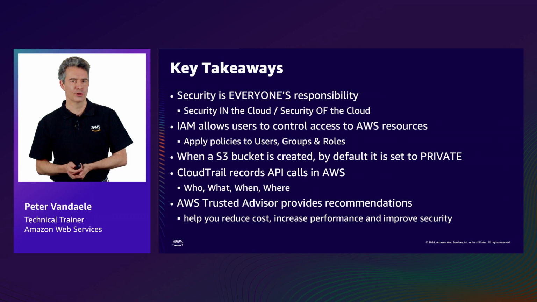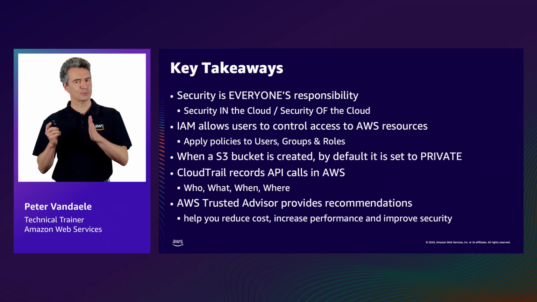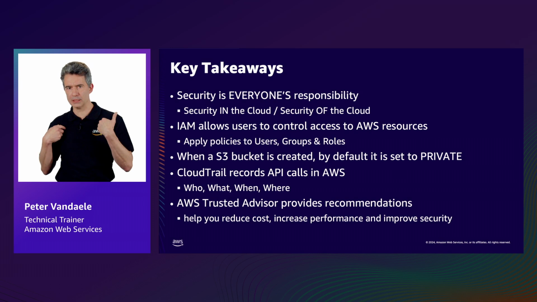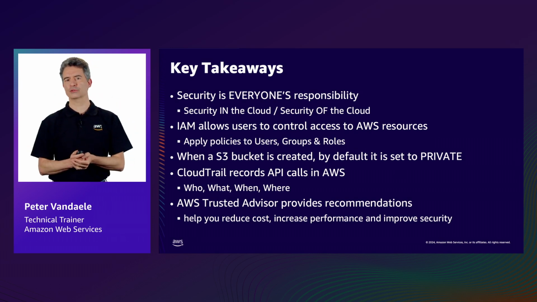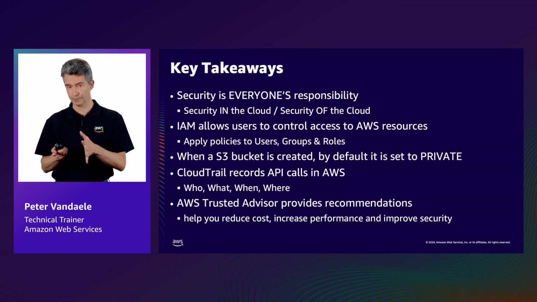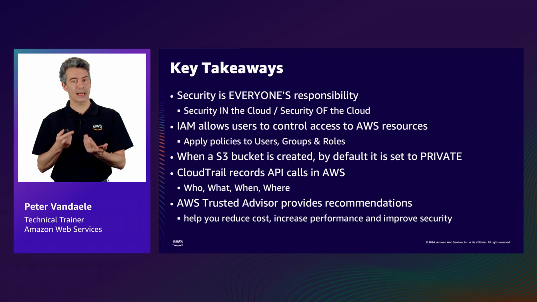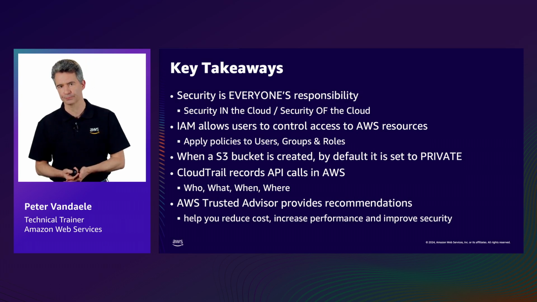Summarizing what we have learned in the security module. Security is a shared responsibility between AWS and the customer. Customers should carefully consider the services they choose because their responsibilities vary depending on the services used. AWS IAM enables us to implement a fine-grained access control to AWS services and resources.